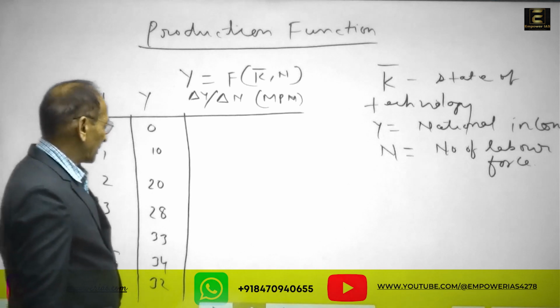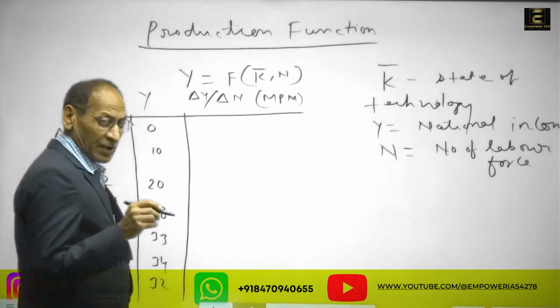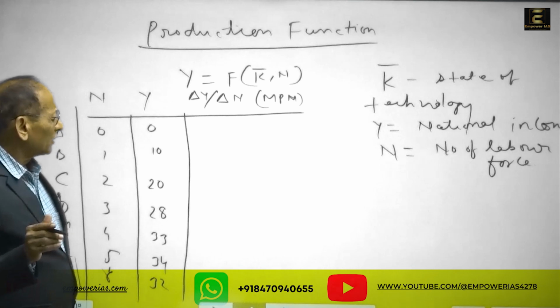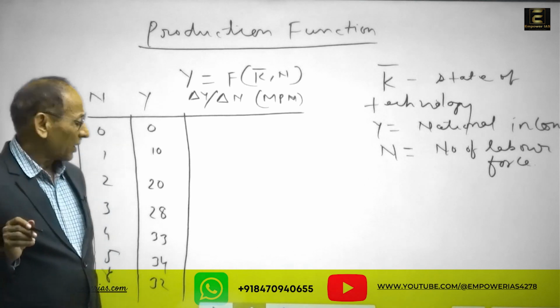There are different points. Delta y by delta n is the marginal product of labor.